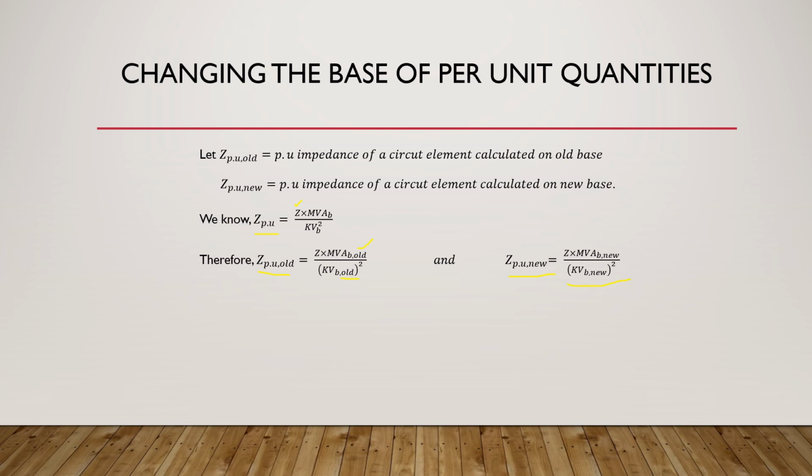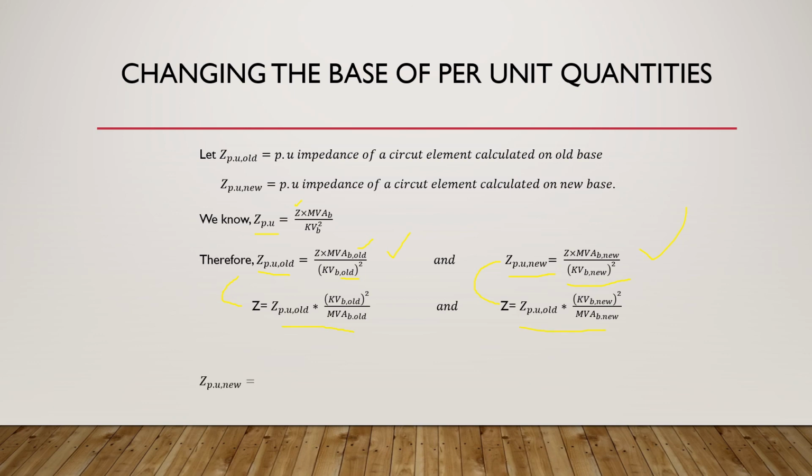What is the common element between these two equations? Simply Z. So write the relation for Z from this equation, and similarly write the relation for Z from the other equation. Both are actual impedances, so we equate these two terms.